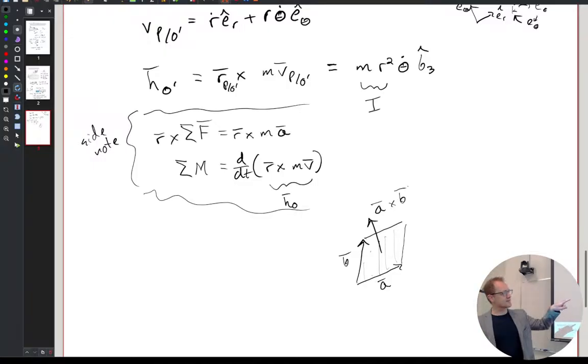A cross B is that area, but area is kind of weird because it does have a direction, whether you want to say it's positive or negative, facing a different direction, whether you're describing the undersurface or the top surface.